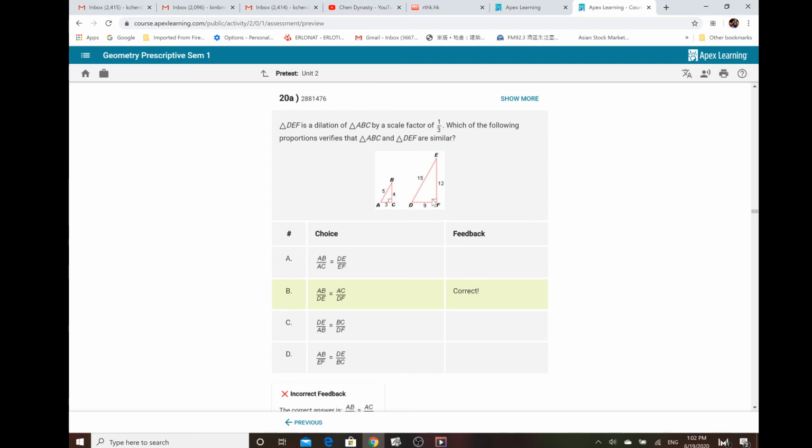So basically what this is showing is that the longest segments of both triangles have the exact same ratio as the comparison of the shortest legs. The longest leg over the longest leg is the same as the ratio of the shortest leg of the smaller triangle with the shortest leg of the bigger right triangle. So B is correct.